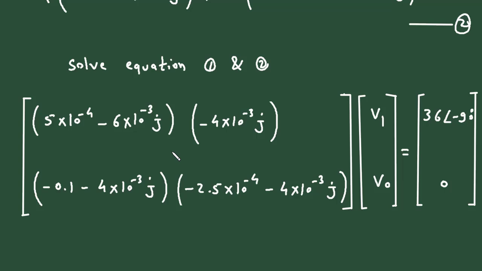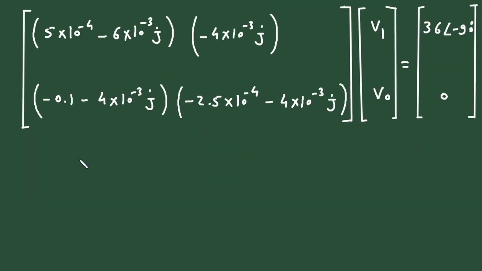Now first of all, we have to find the value of delta. So to find the value of delta, we have to take the determinant of this matrix.